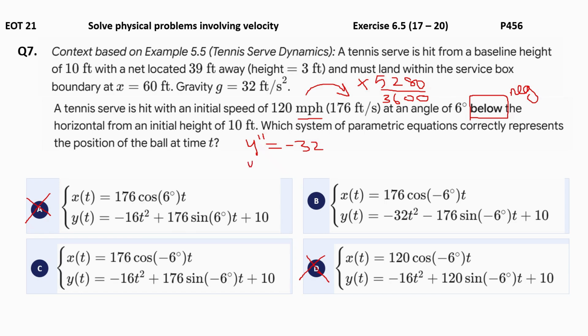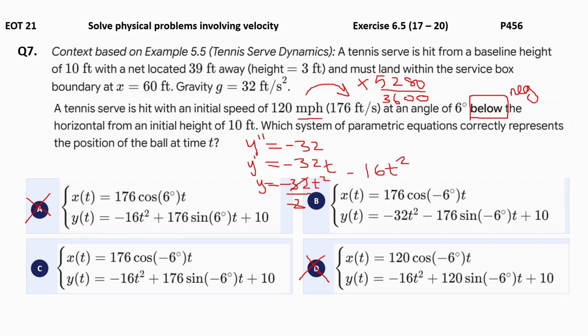So when you go for the velocity, it will turn into negative 32t. Again, when you go for your position, you will get negative 32 t square over 2, isn't it? And negative 32 and 2 get cancelled, which is nothing but negative 16 t square.